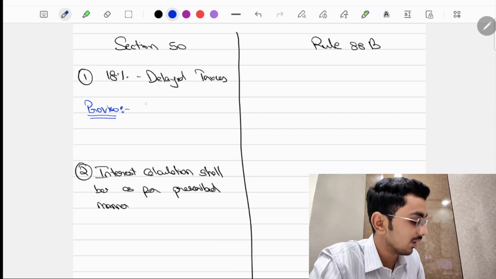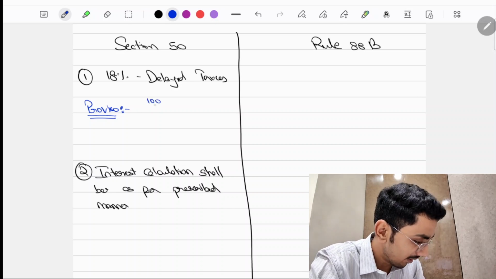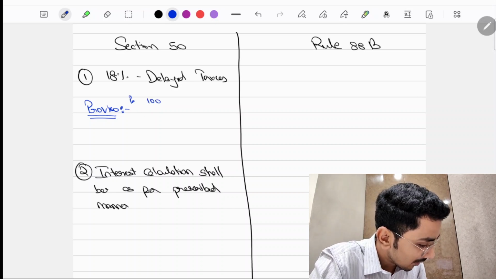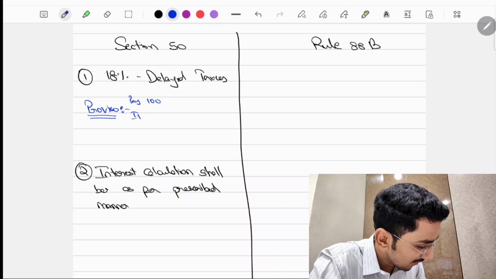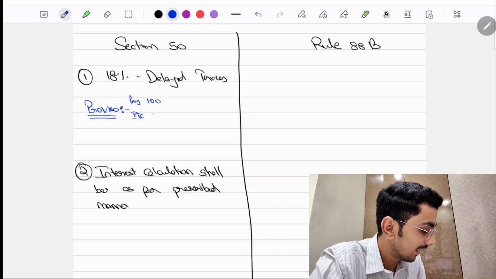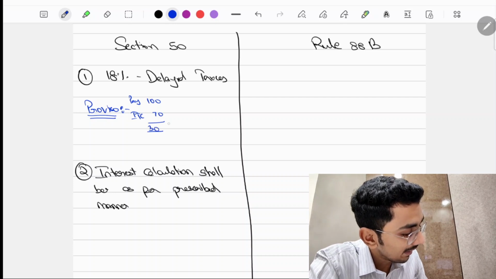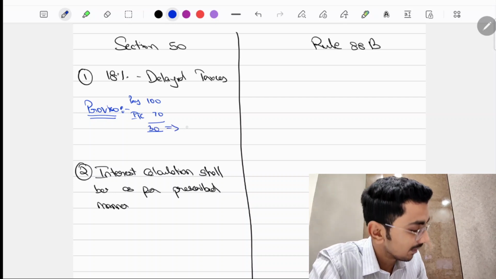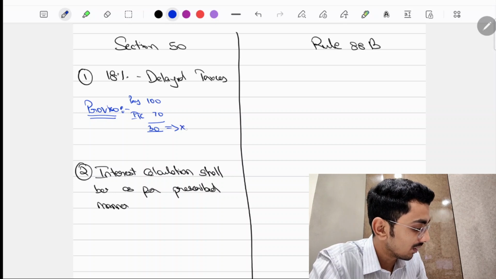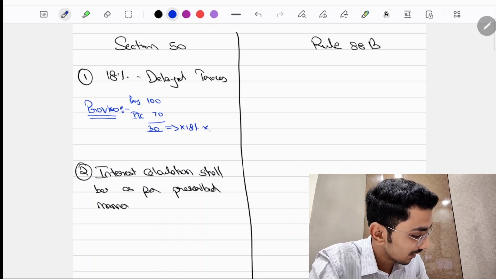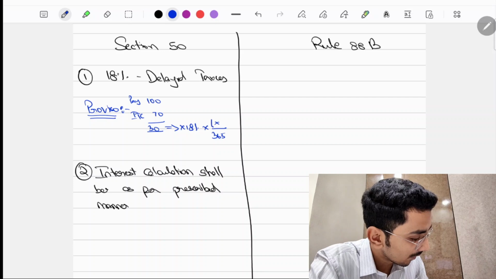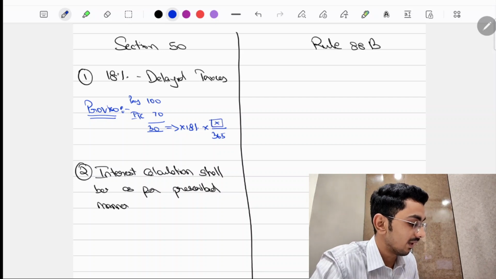For example, your monthly liability is 100 and you have, for example, ITC of 70 rupees. So you just have to pay interest on 30 rupees into 18 percent into number of days by 365, and I have to calculate the number of days.